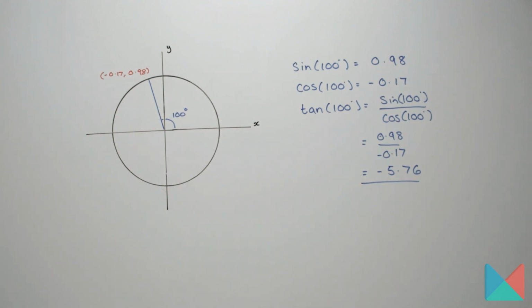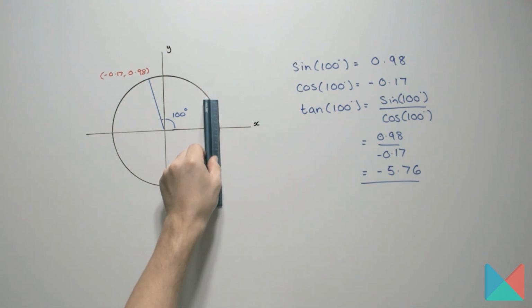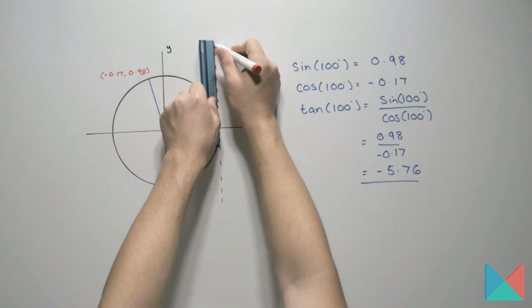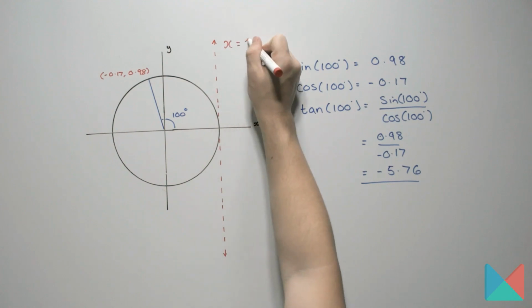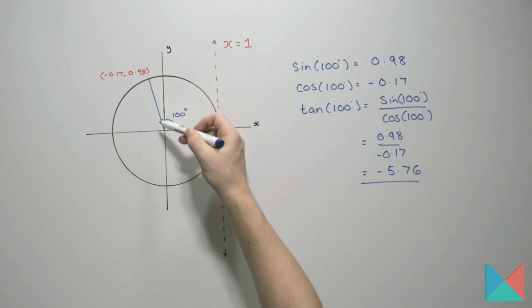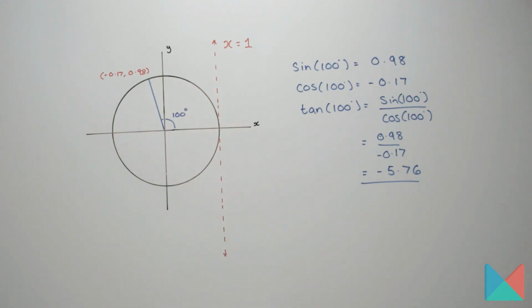Now let's try and represent tan of 100 degrees more visually on the unit circle, just to see if our answer looks reasonable. So we have to draw in the x equals 1 line, so let's do that now. We should remember that tan is the y coordinate when we extend the angle line to hit the x equals 1 line.